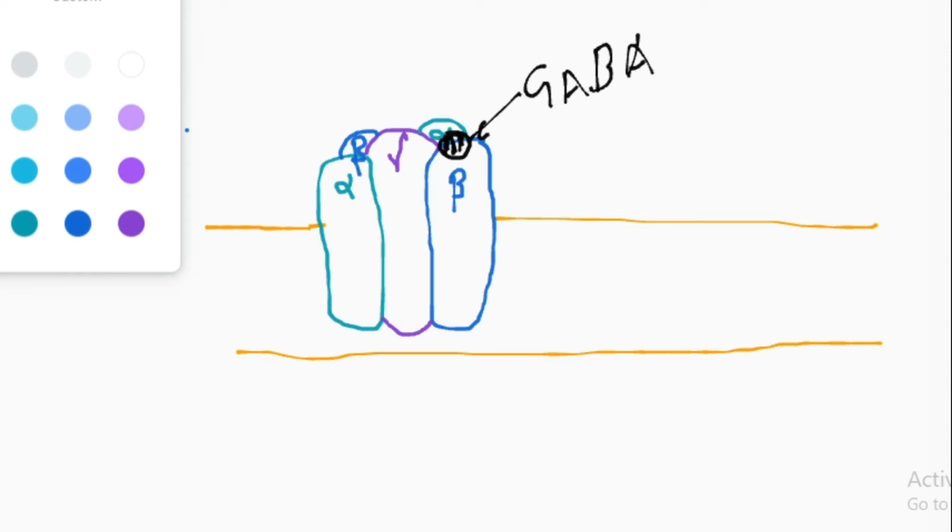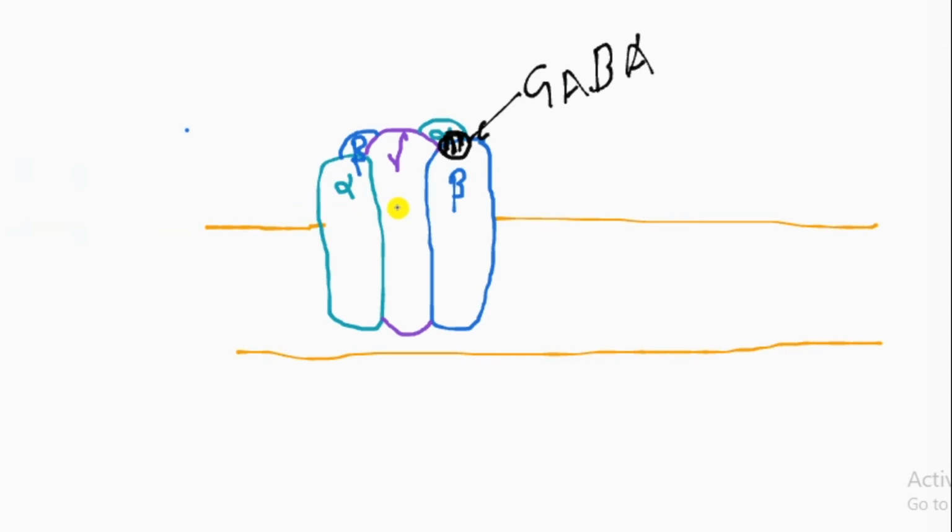And the benzodiazepines bind between alpha and gamma.